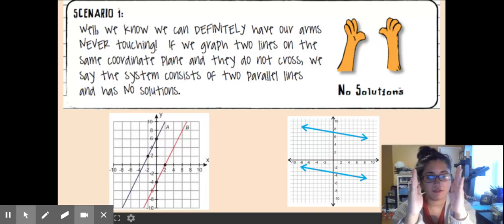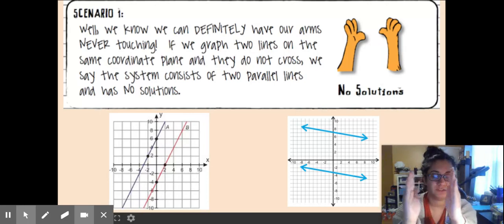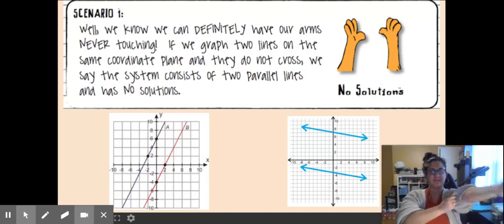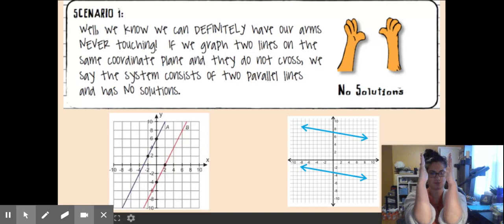In parallel lines, these two lines are never going to cross, so their solutions are never going to be the same. There is no solution to this system. They're never going to touch. These two lines are just going to stay running parallel next to each other with no crossing.